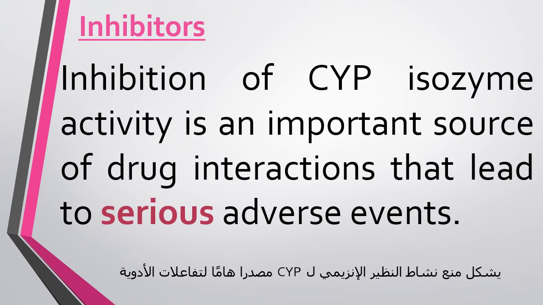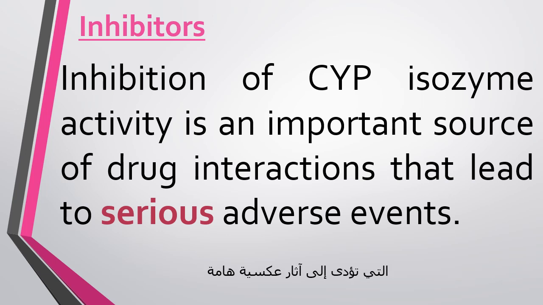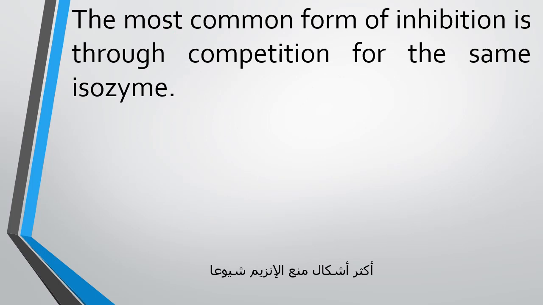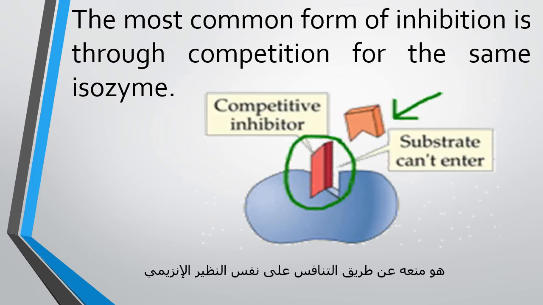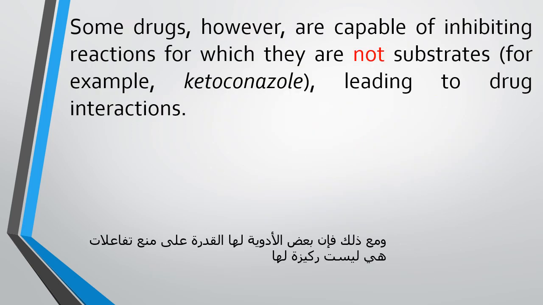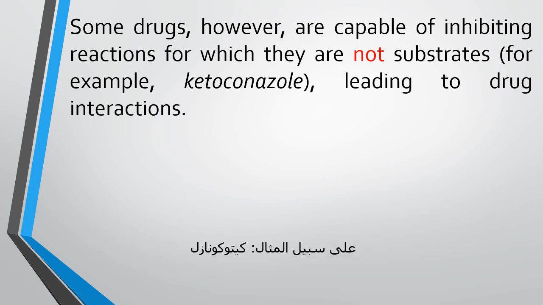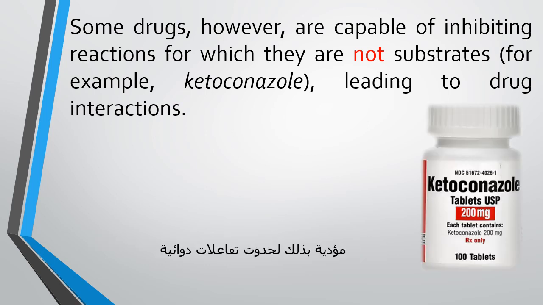Inhibition of CYP isozyme activity is an important source of drug interactions that lead to serious adverse events. The most common form of inhibition is through competition for the same isozyme. Some drugs, however, are capable of inhibiting reactions for which they are not substrates. For example, ketoconazole, leading to drug interactions.